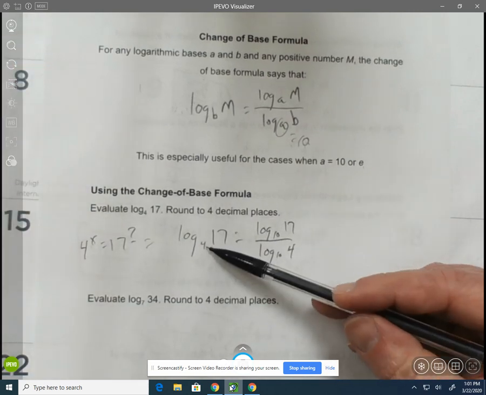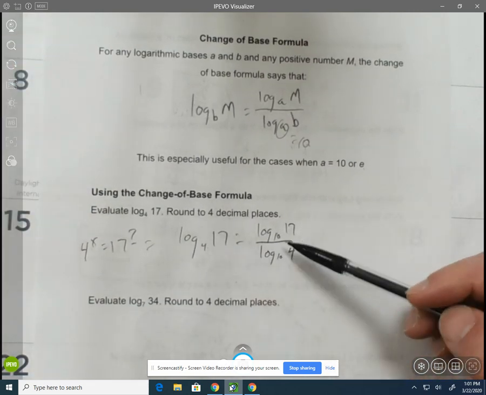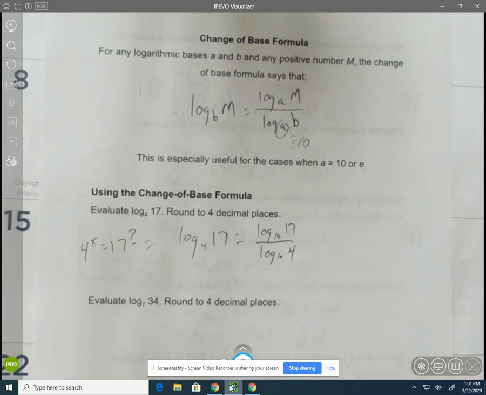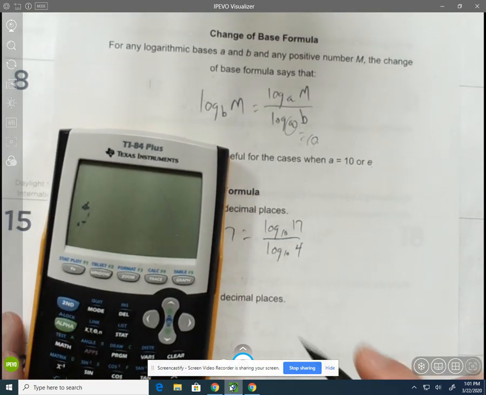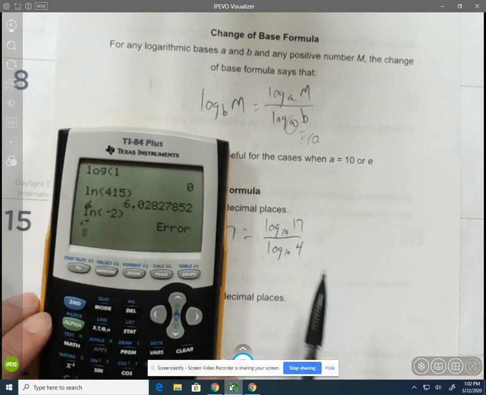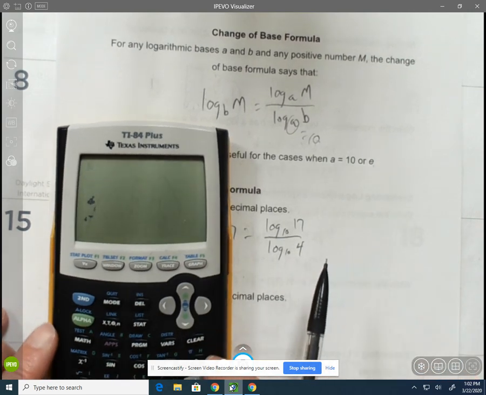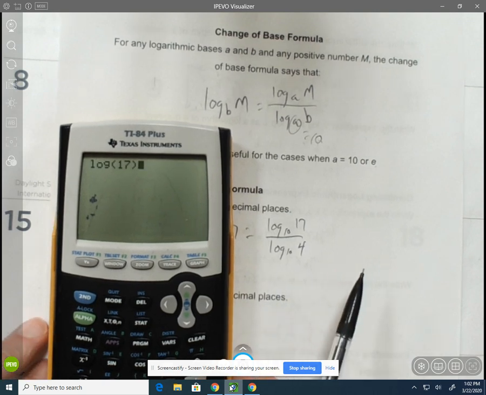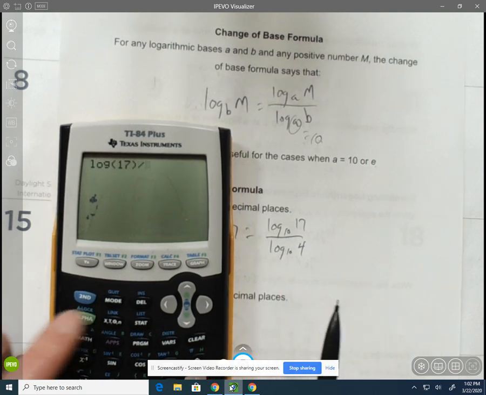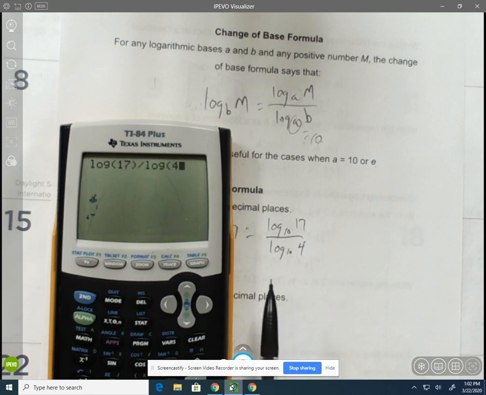I can take this base that I can't do on my calculator and change it into something that I can do. So now I can simply do log base 10, that's what my calculator does. So I can do the log of 17, make sure you close your parentheses, divided by the log of 4.